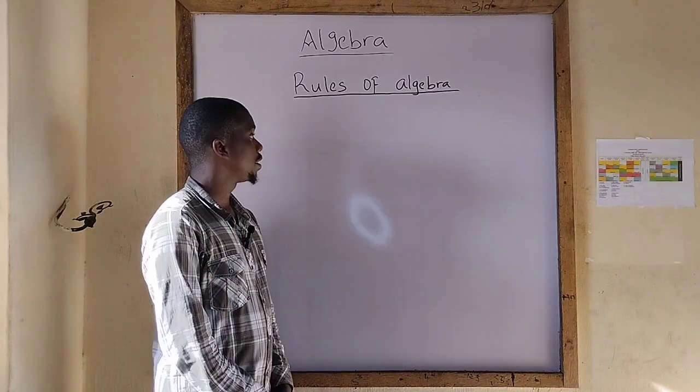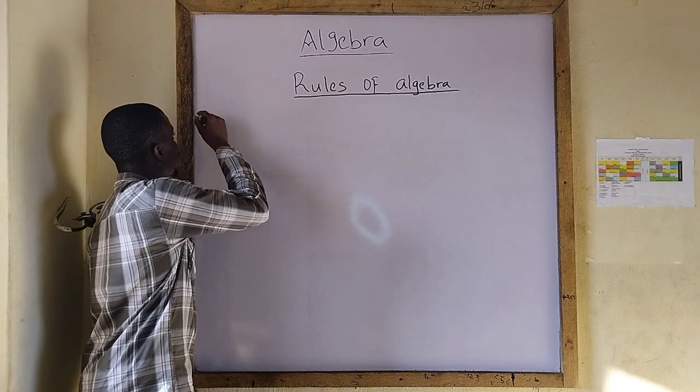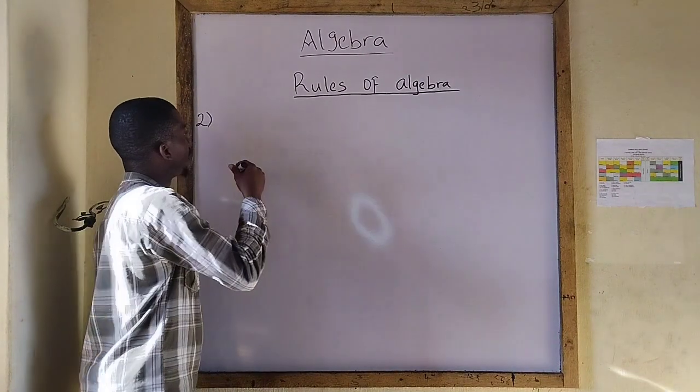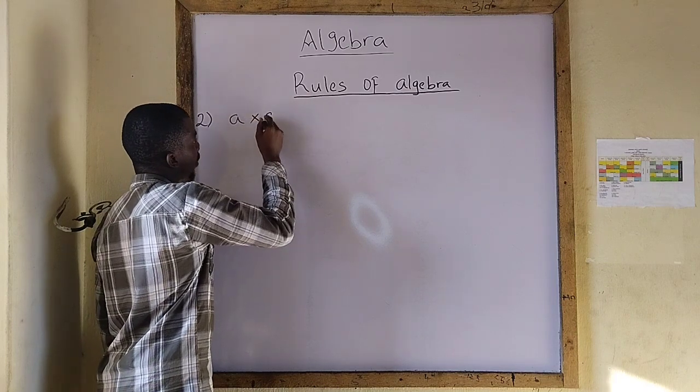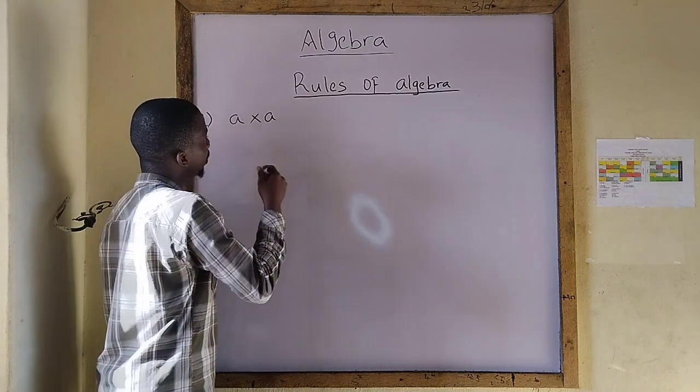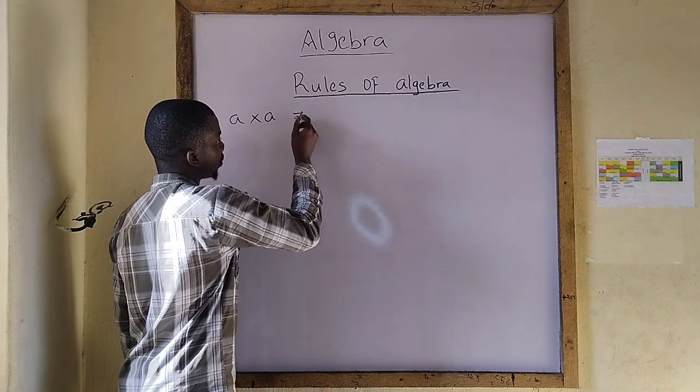Okay, the next is the multiplication. Now, a times a is not 2a.